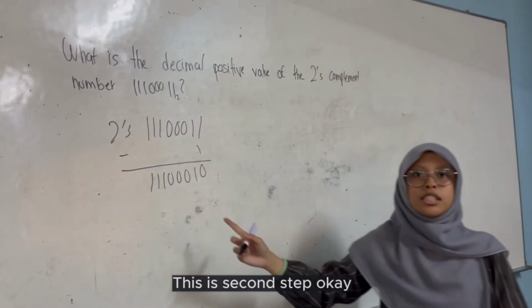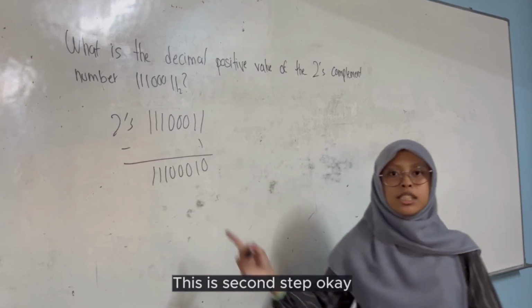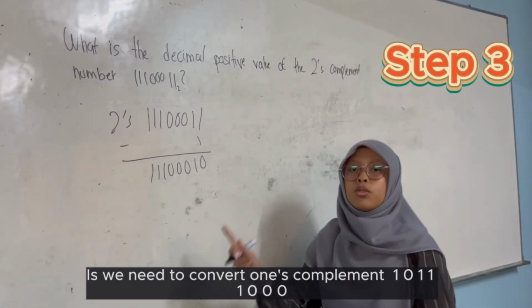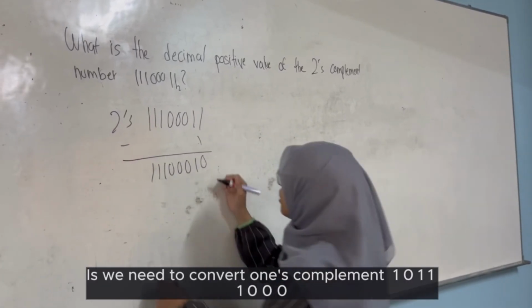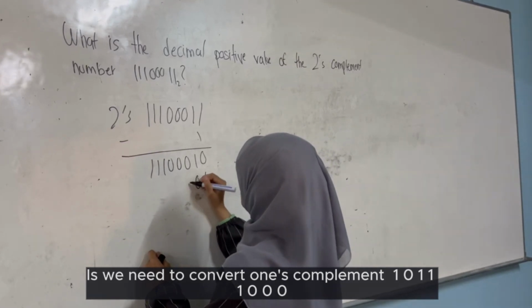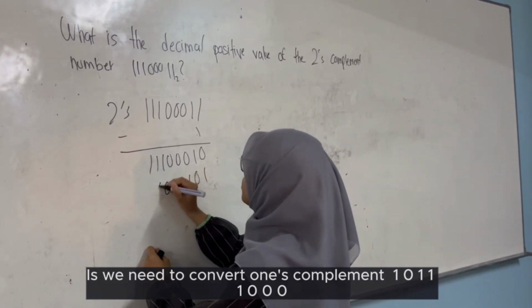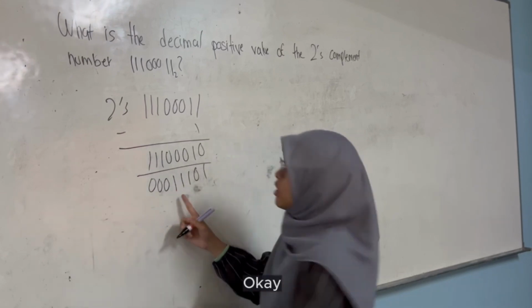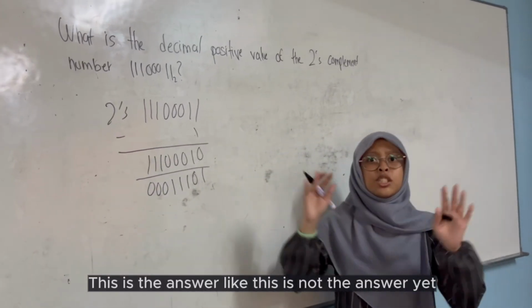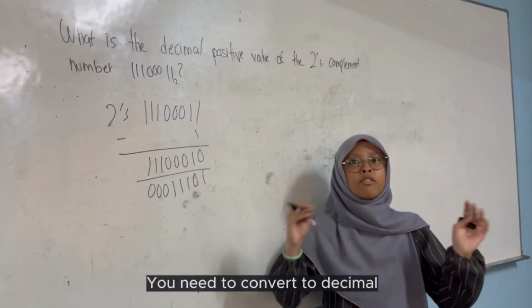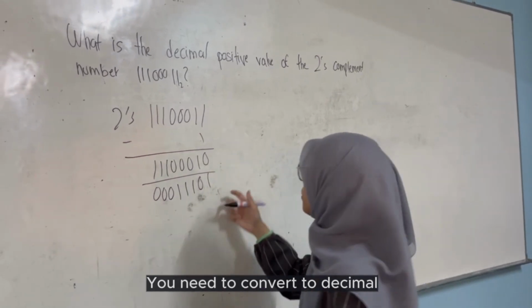Okay. This is the second step. Third step is we need to convert to 1's complement: 1, 0, 1, 1, 1, 0, 0, 0. Okay. This is the answer, but this is not the answer yet. We need to convert to decimal.